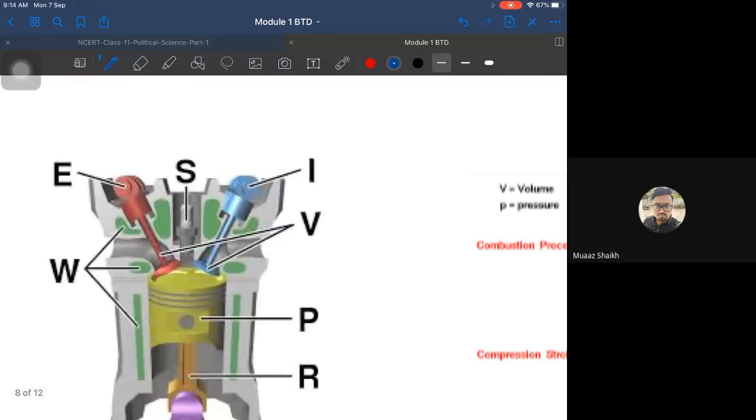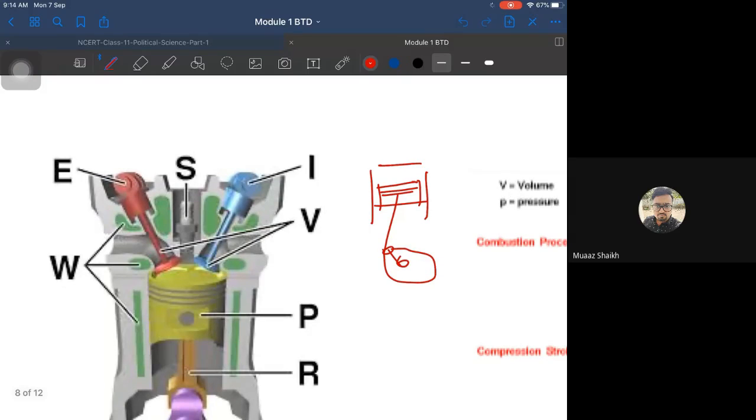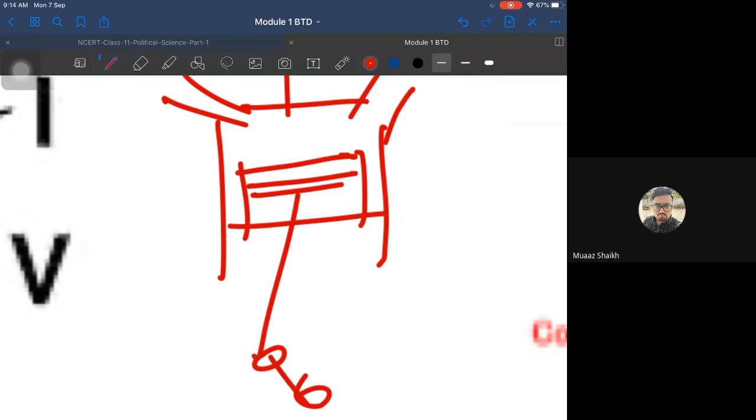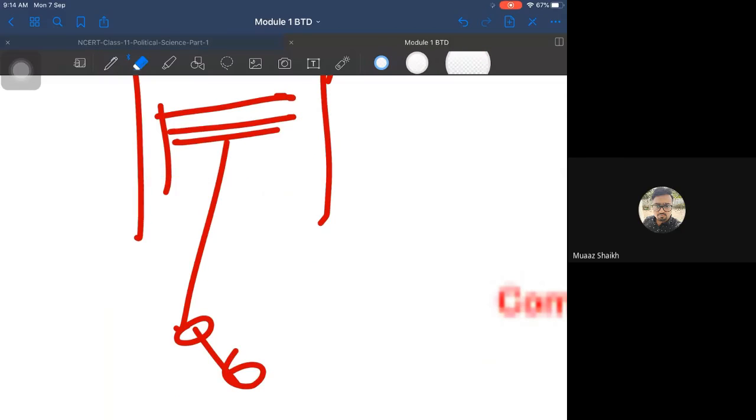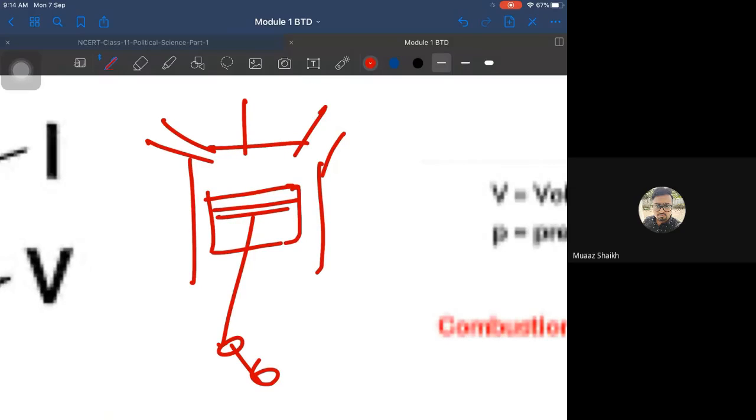That is more than enough. Just a representation of an IC engine.